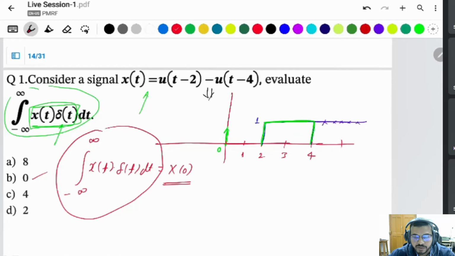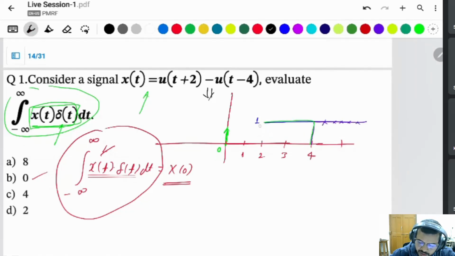Integration of any line is the area. If you integrate a multiplication with a delta t impulse signal, then only the value at 0 is present. All other values will be 0. But your x(t) is not present there. If the same thing is positive, suppose, then what happens?